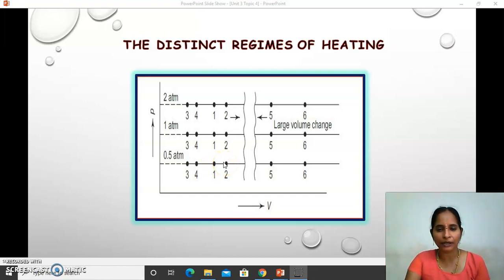At state 2, all the ice has been converted to water at 0 degrees Celsius, so the volume is reduced until it reaches 4 degrees Celsius.